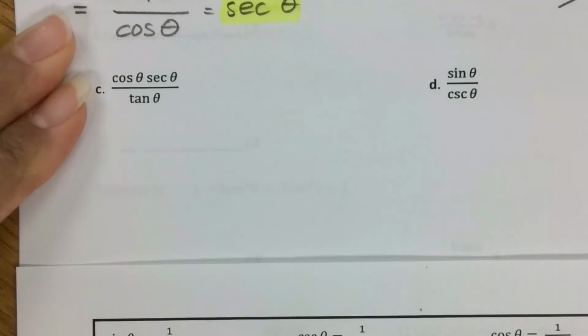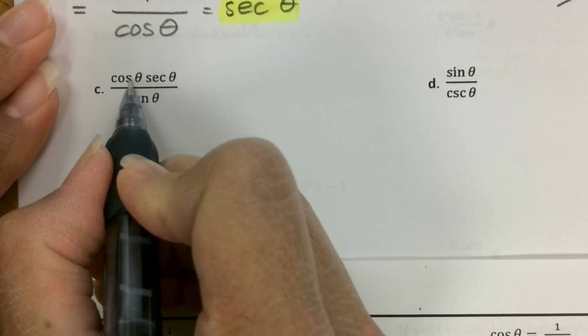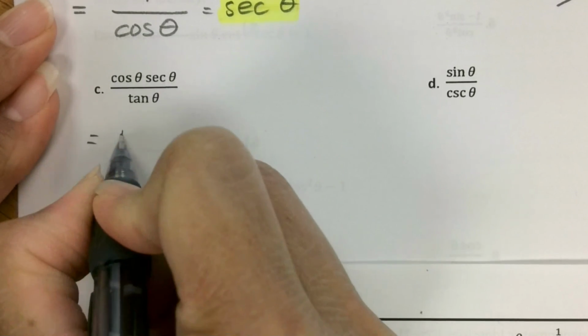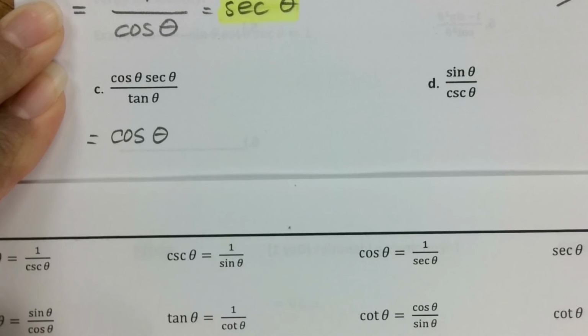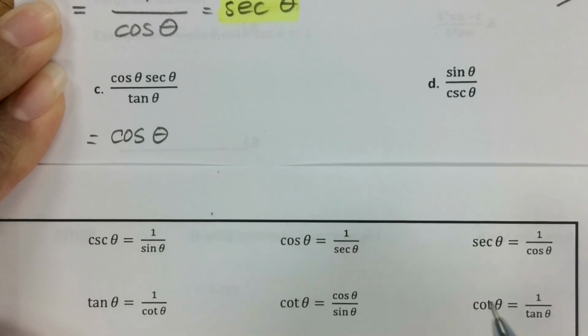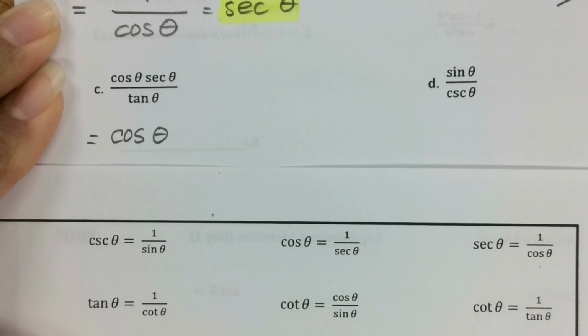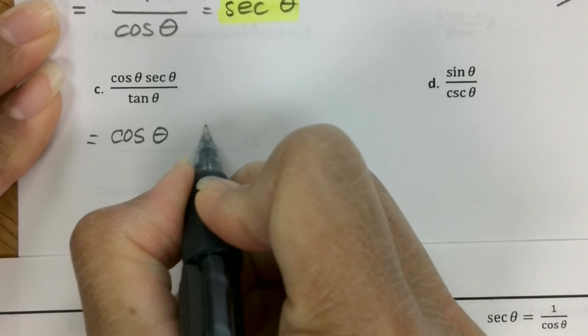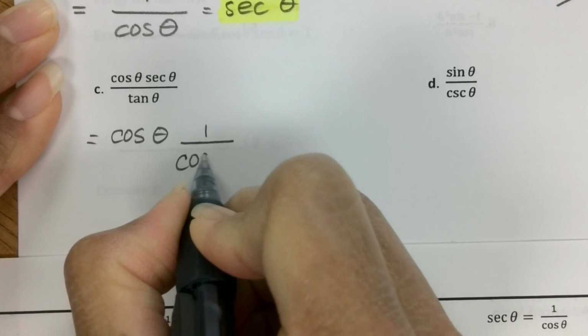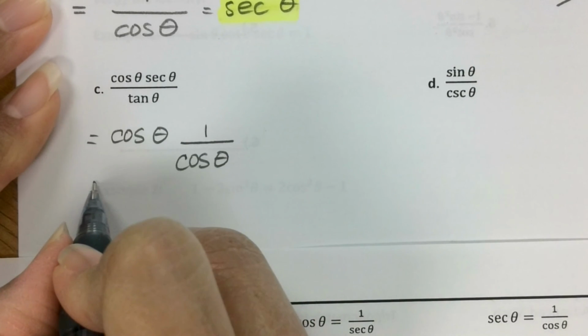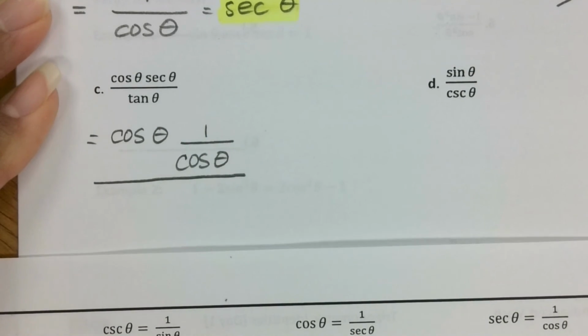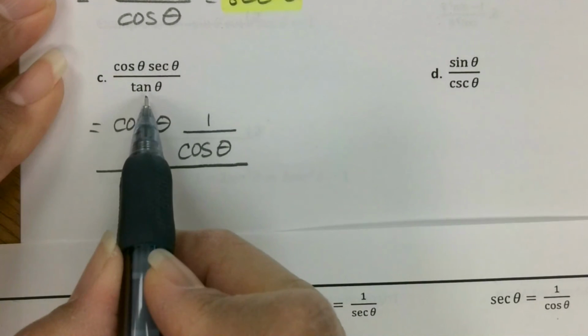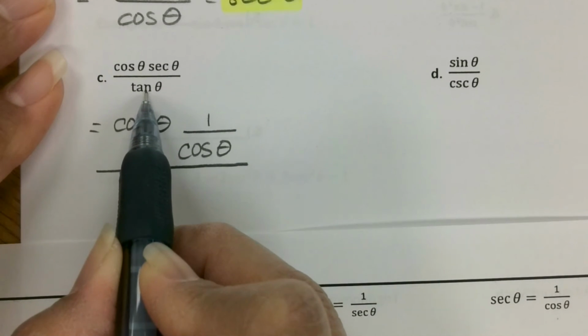Okay, let's go here. Cosine theta times secant theta over tan theta. We don't do anything about that. Secant theta is 1 over cosine. And then I have to make the decision, do I want to break this down or do I leave it?